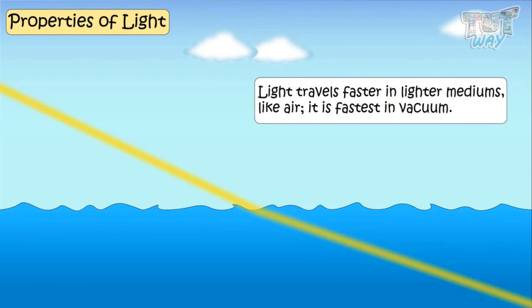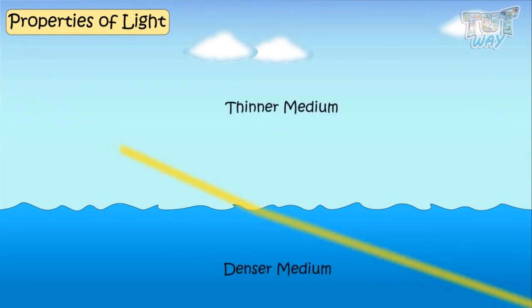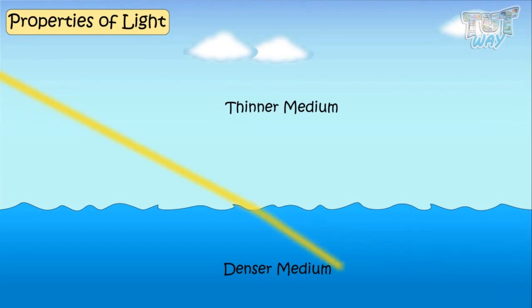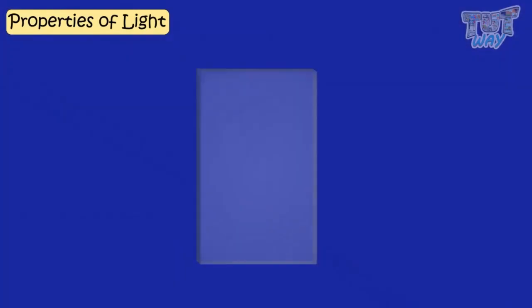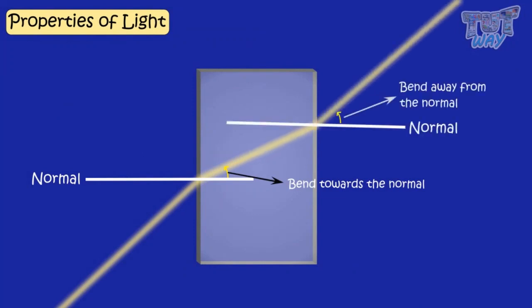And this is why the speed and direction of light changes when it enters from a denser medium to a thinner medium, or from a thinner medium to a denser medium, because the speed of light changes. Light bends towards the normal when it enters the denser medium, and light bends away from the normal when it enters the lighter medium.